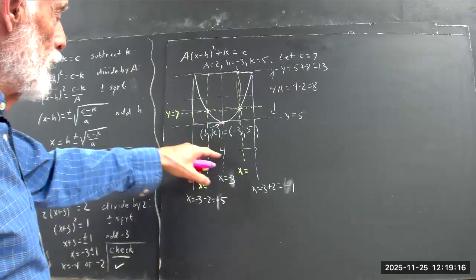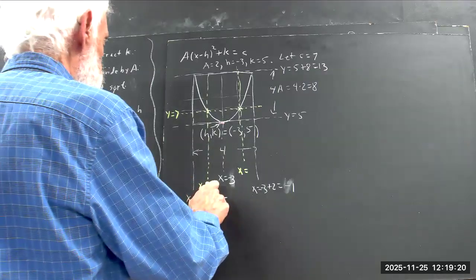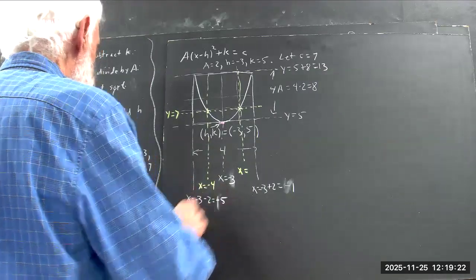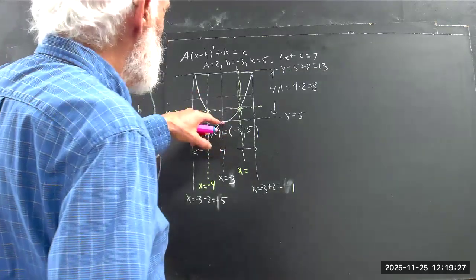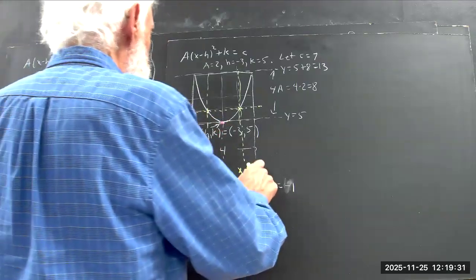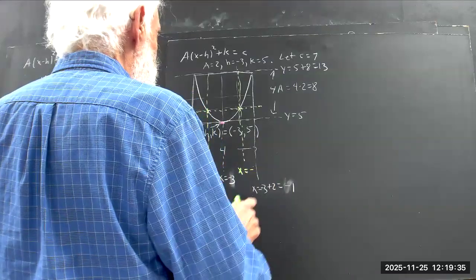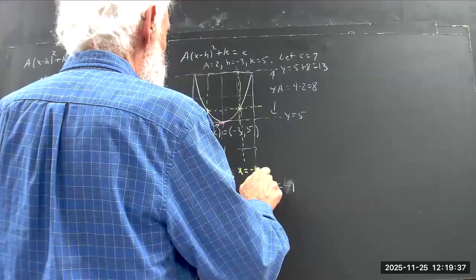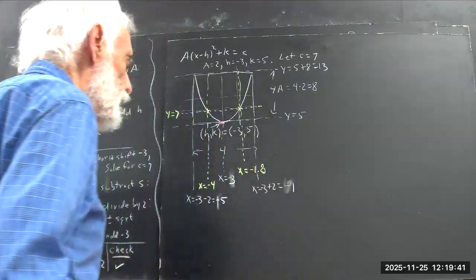Left edge is at -5, the middle is at -3. So that would be -4. This point looks like it's a little closer to the right edge than it is to the middle. So our estimate might be x equals -1.8.